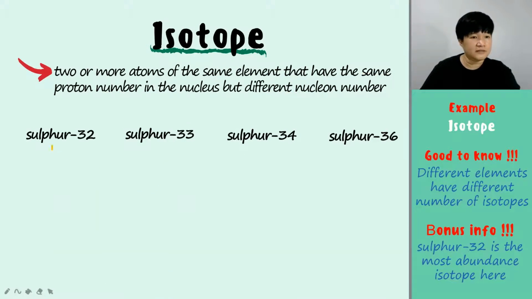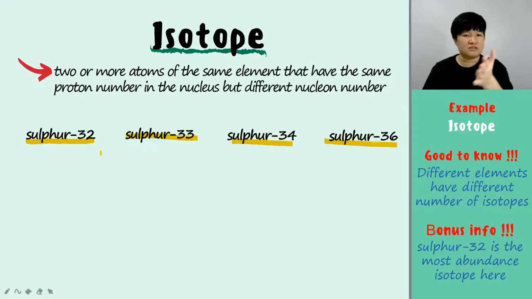Simple. Another example, I have sulfur 32, sulfur 33, sulfur 34, sulfur 36. So right now, how many isotopes does every element actually have? Every element will have a different number of isotopes. It's not necessarily 3, it's not necessarily 4. And the number of isotopes will very much depend on what element we are talking about.